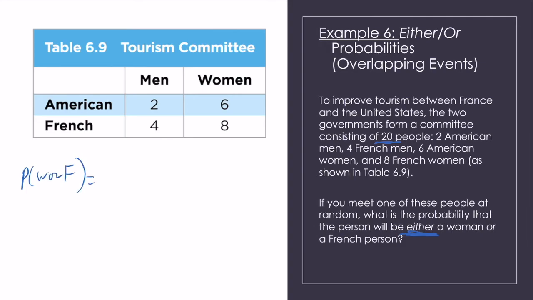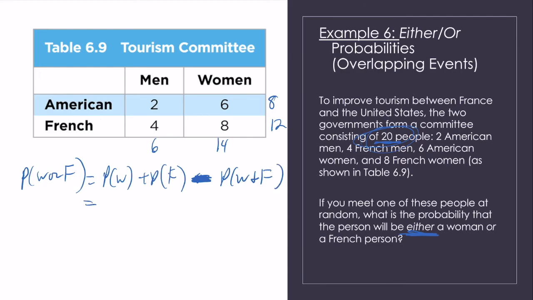Well, first off, it's always helpful to know the probability of them being a woman. Well, I've got 6 men, 14 women, 8 of them American, 12 of them French. And I've got a committee of 20 people. So the probability of being a woman plus the probability of being French minus the probability of being a woman and French.